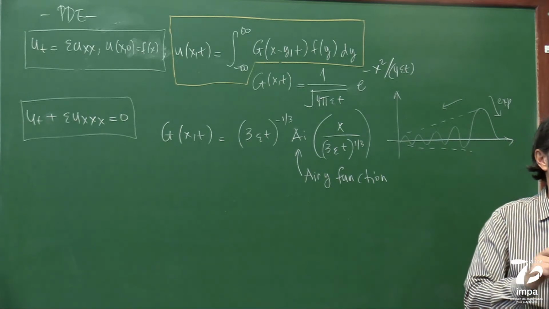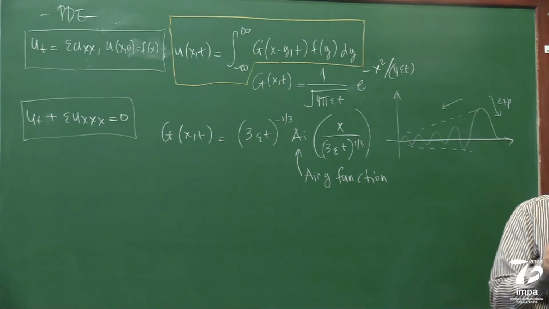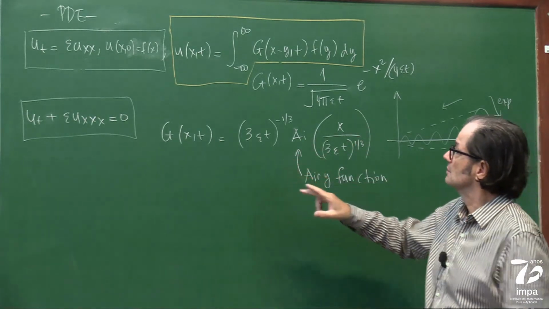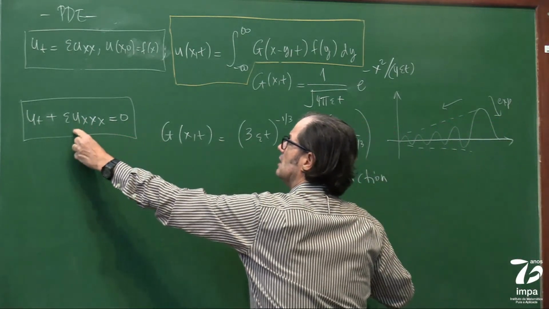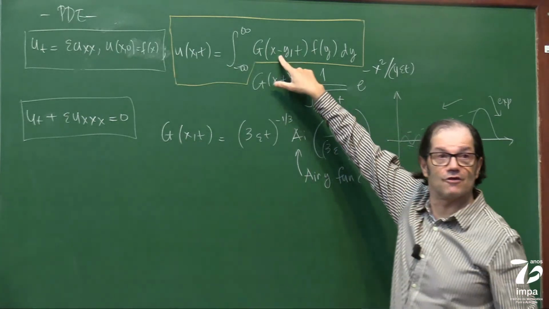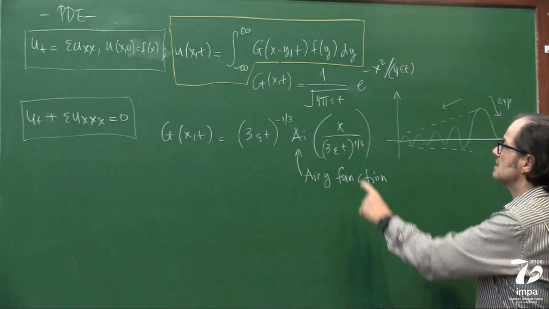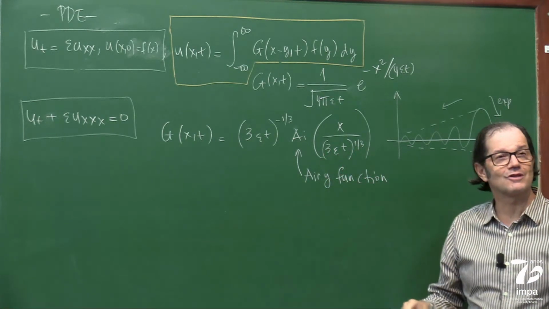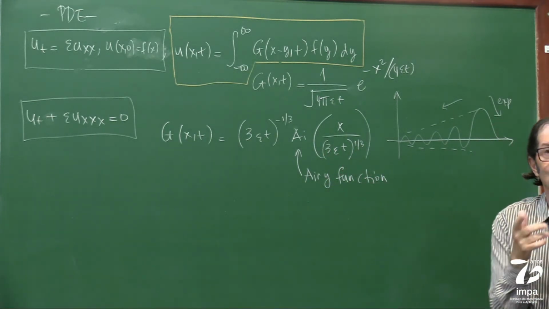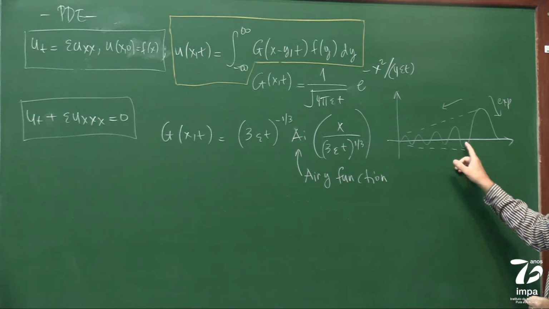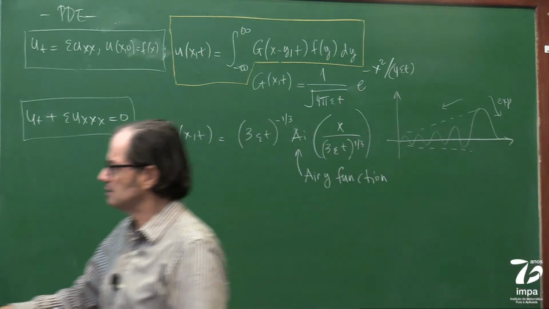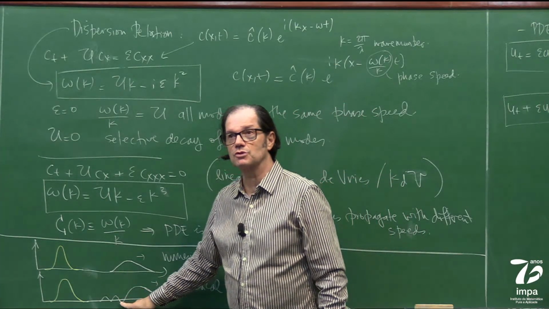You see the kernel for the linear KdV is the Airy function. And as time goes on, you see this grows. So that's a little bit the mathematical mechanism for making this tail appear behind your wave solution.